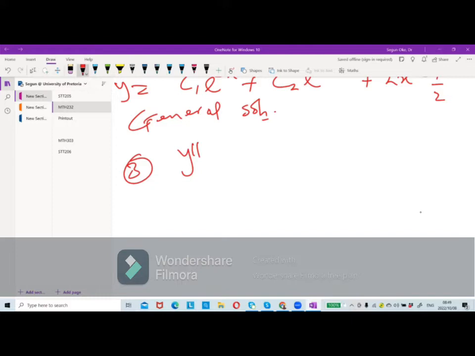If time permits us, we will check. If not, you guys will also lay your hands on some of those things. So we have y double prime plus 3y prime plus 2y equals 2x squared plus 4x plus 5.